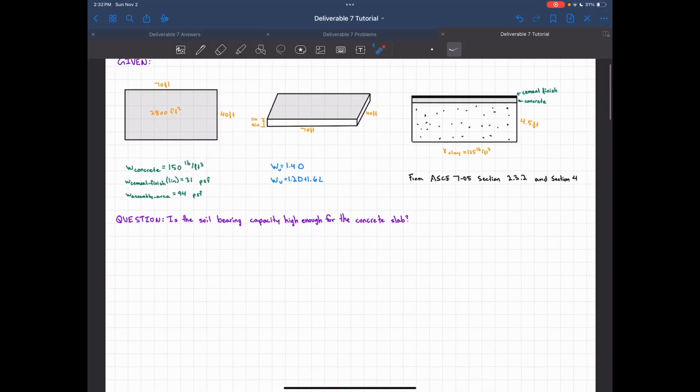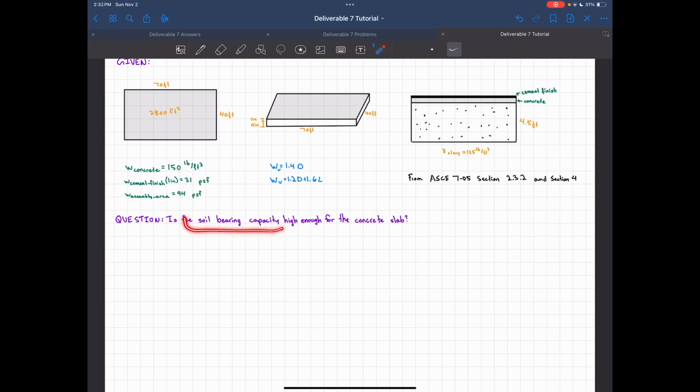Now, I want to make a note as we start this first problem. This is by far probably the most contrived problem. Geotechnical engineering is complicated and structural engineering is also complicated. We are going to calculate the soil bearing capacity in this problem, and it's actually a fake soil bearing capacity.